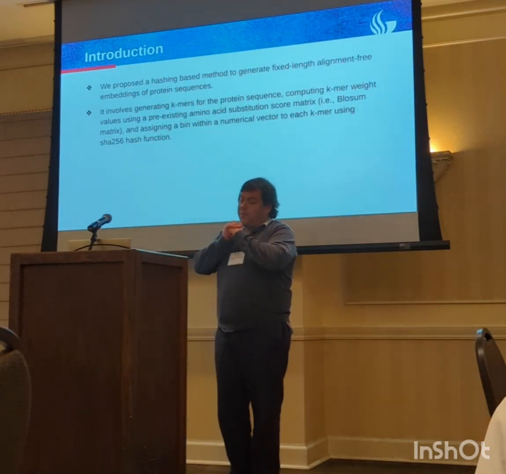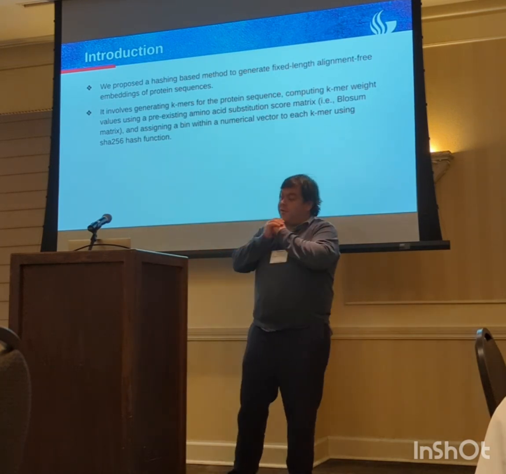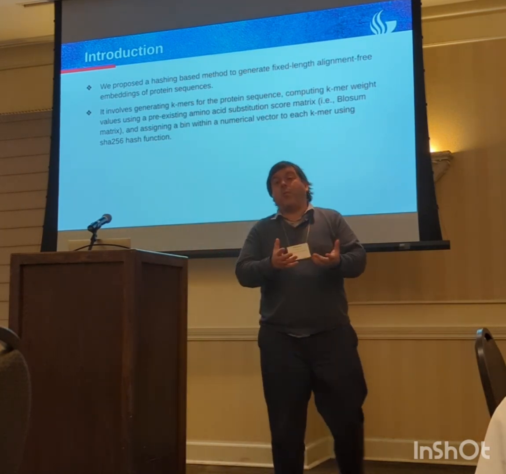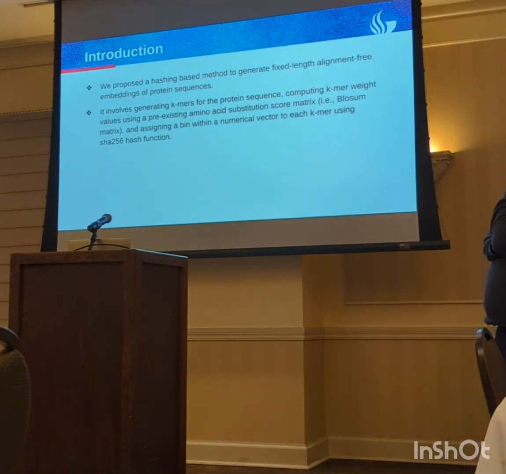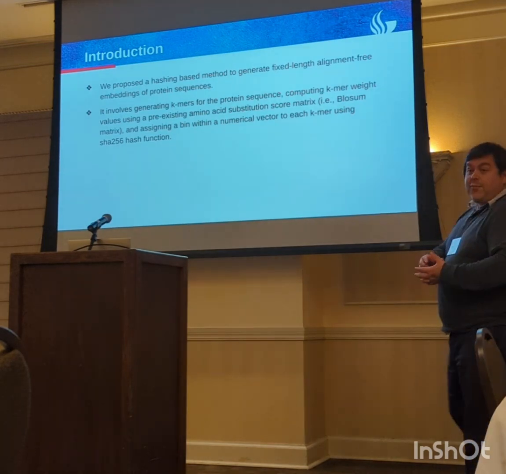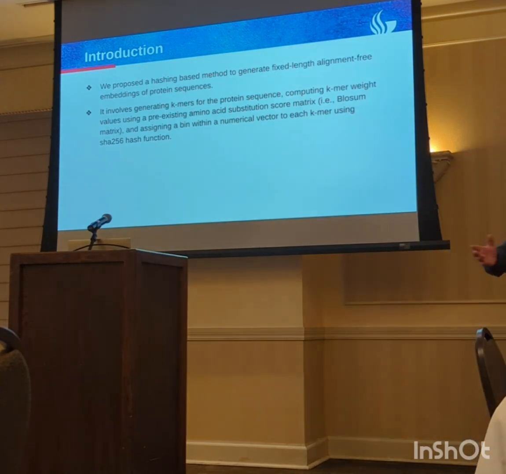So I'll go into details of the proposed approach, but what we propose is a hashing-based method to generate a fixed length alignment-free embedding of a protein sequence, and that's a lot to unpack, so I'll unpack each of these as we go. What we do first is generate k-mers of the protein sequence.